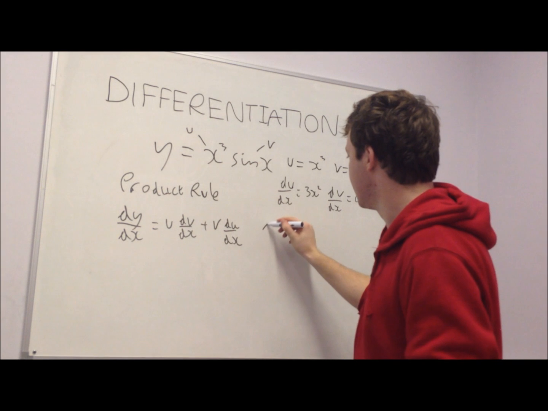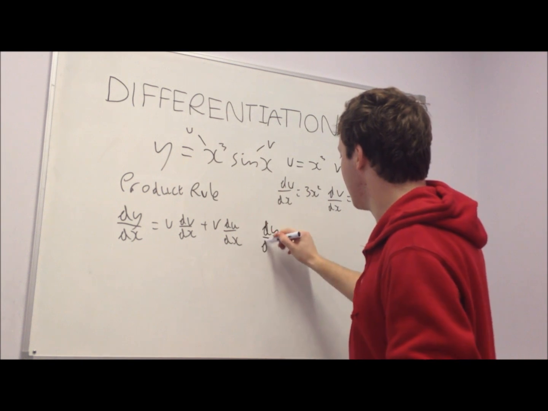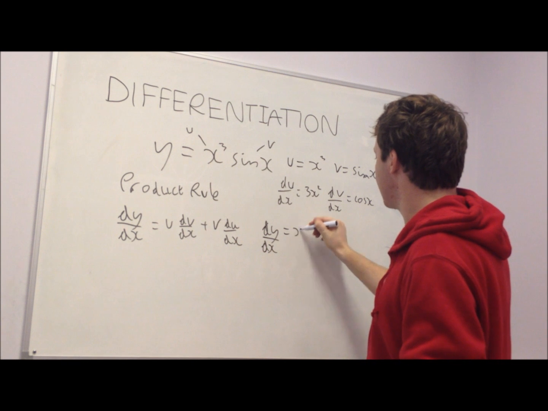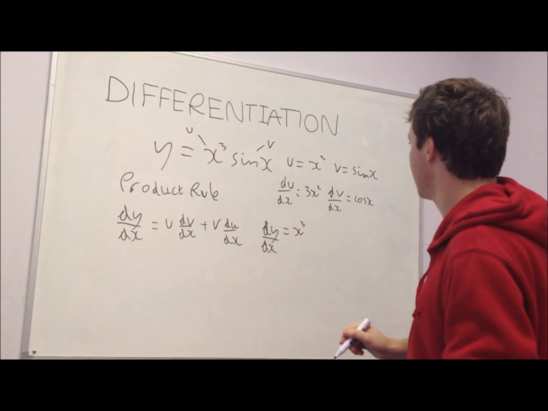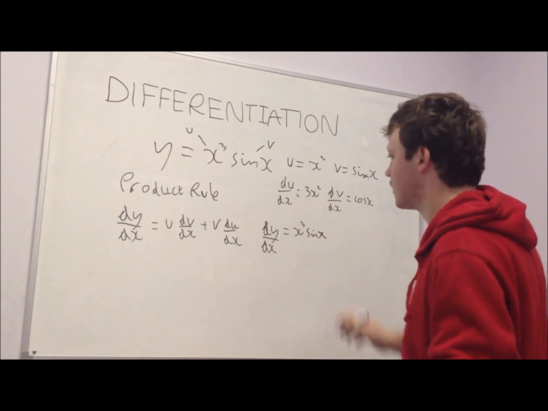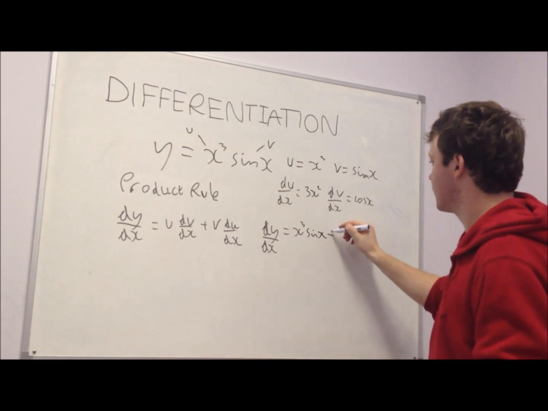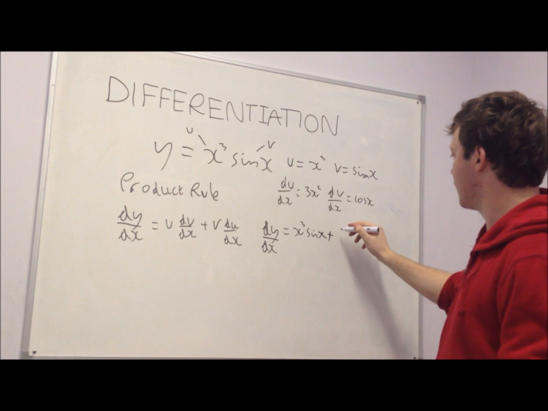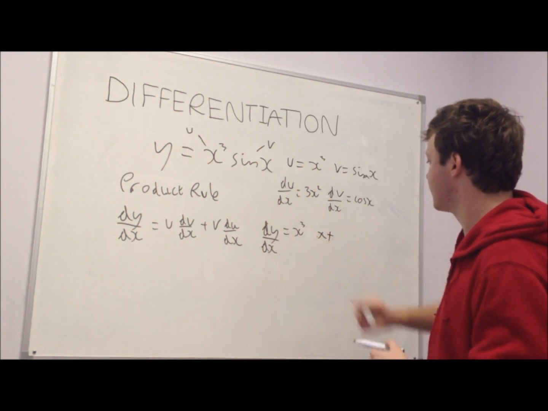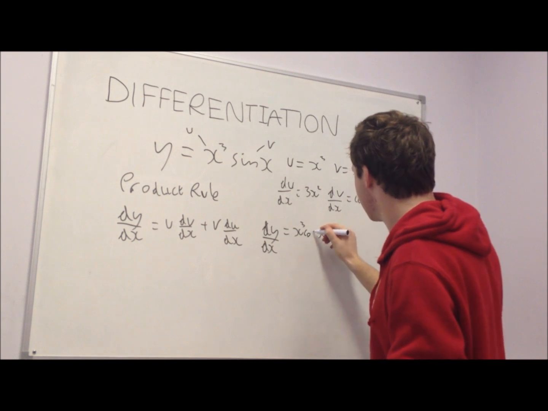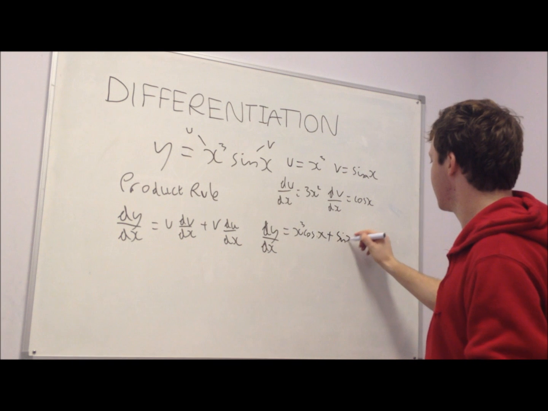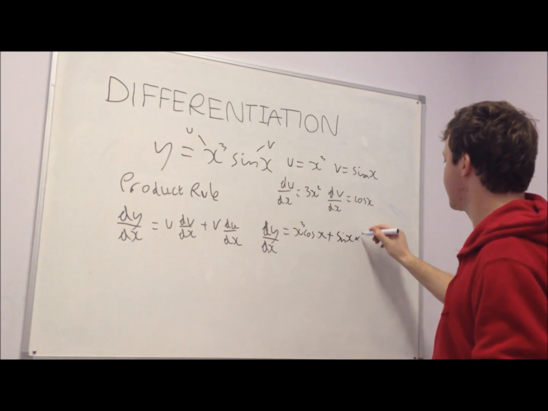So I can say dy dx equals x cubed cos x plus sine x times 3x squared.